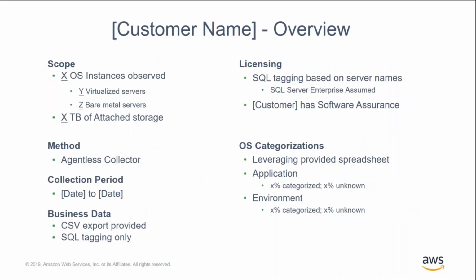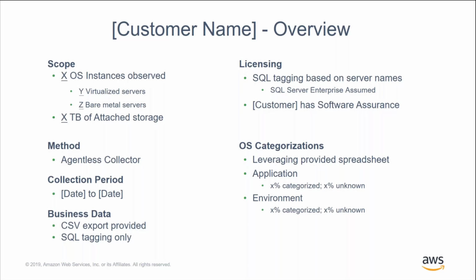This particular slide will be provided and will give an overview around the assessment. It will really outline some things like, what method was it? Was this leveraging our collector or using existing data that you already have? What was the scope, the collection period? Licensing details. Did you have software assurance, license mobility, or did you want to do a license included option?